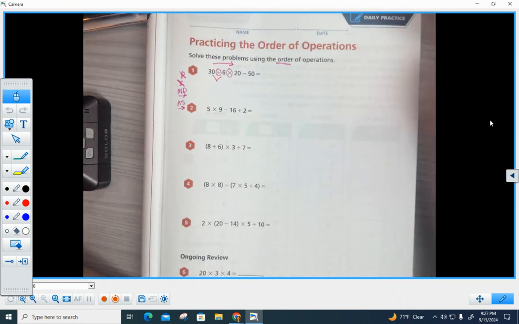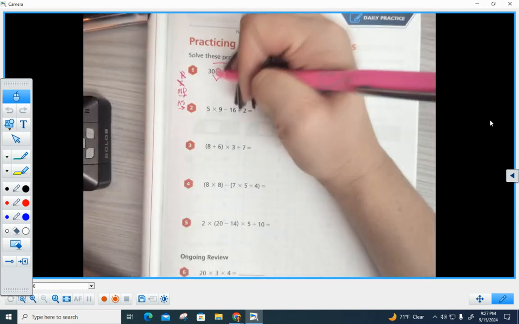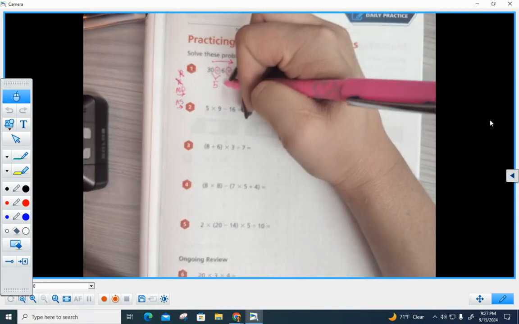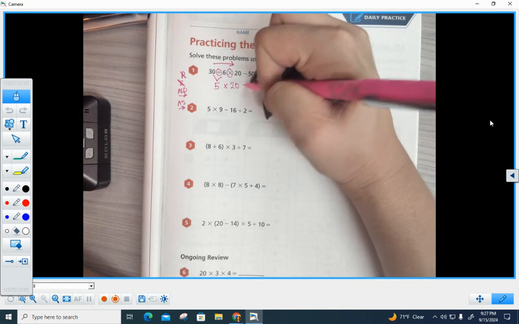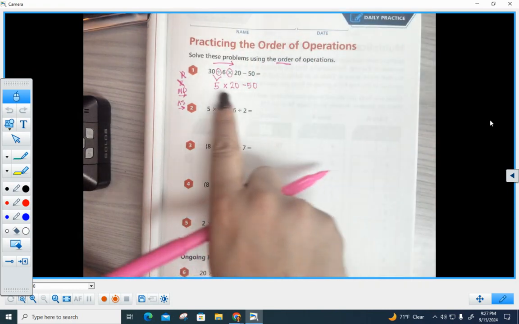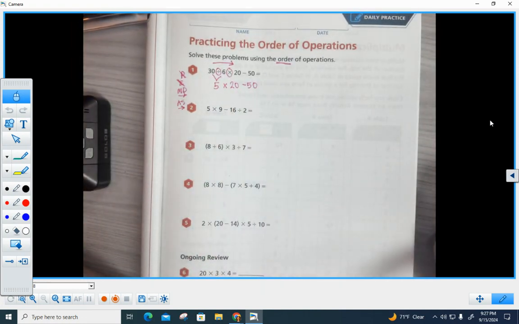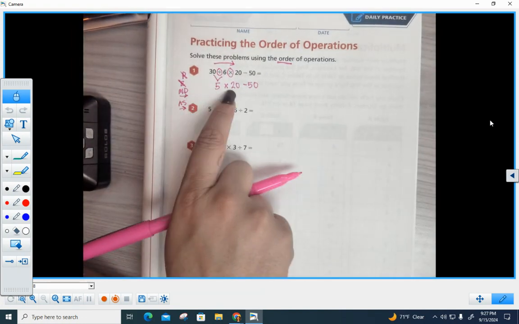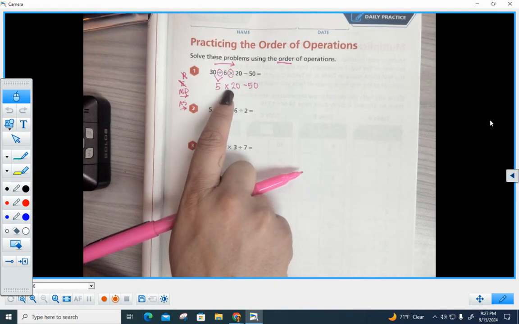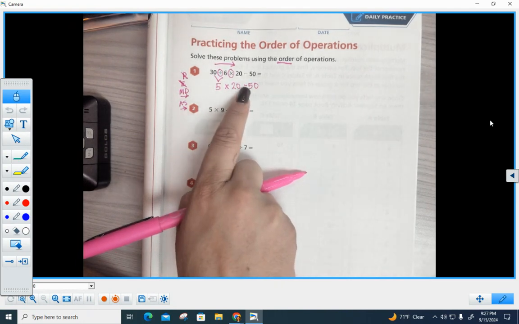So I'm going to do my 30 divided by 6 first, which gives me 5. And I'm going to drop down everything next to it in the same order that it is up here. So times 20 minus 50. I'm still on step 3 because I still have this multiplication, so I must do that multiplication before I do the subtraction.